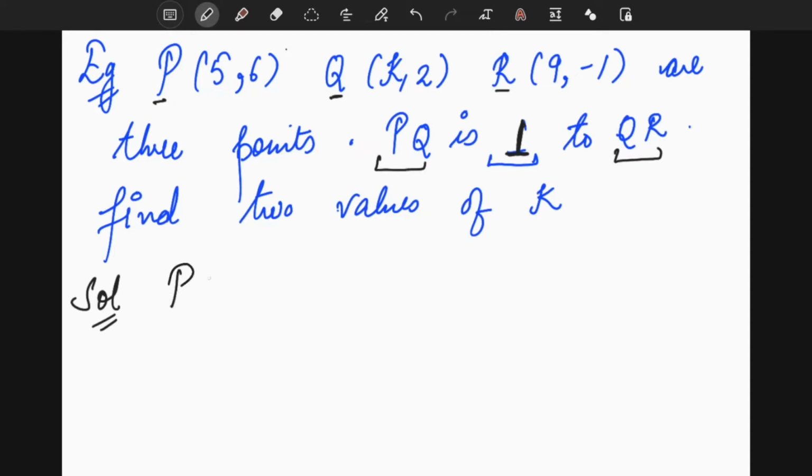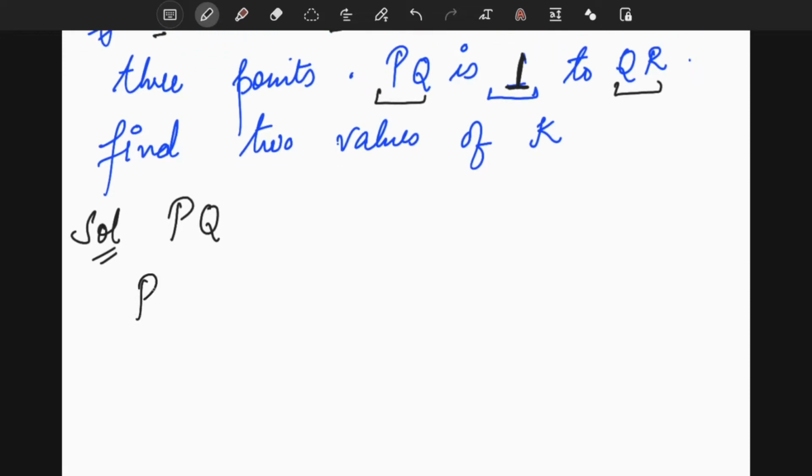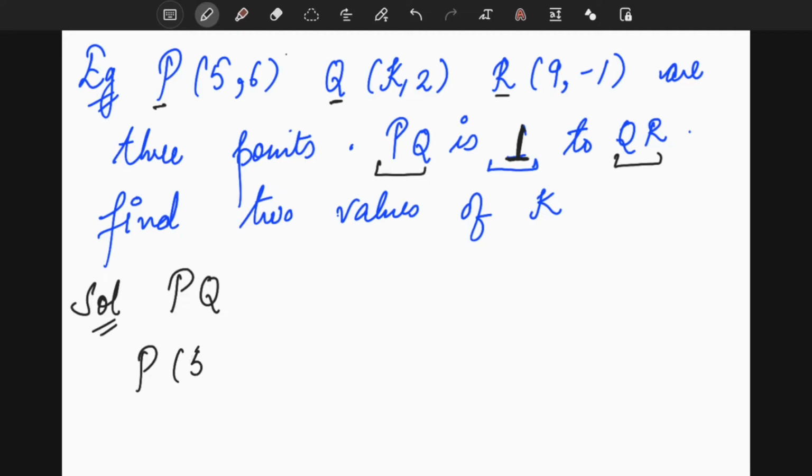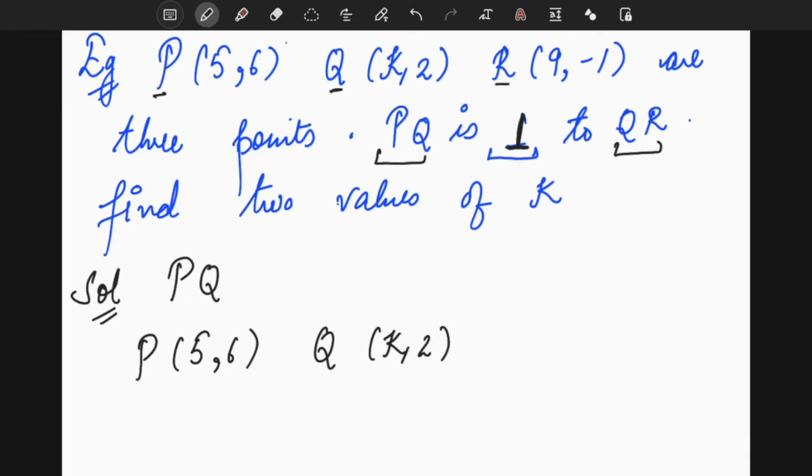Okay, first of all we'll write point P. What are the coordinates of P? P is 5, 6 and Q is K, 2. And another one is QR. QR points for Q is K, 2 and for R is 9, minus 1.